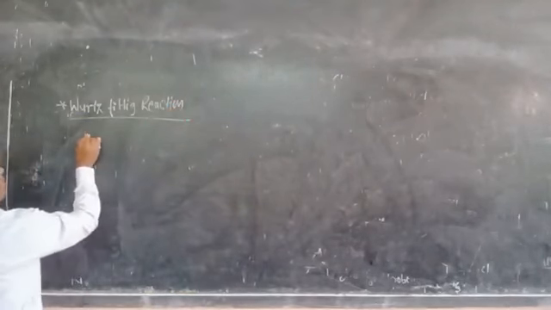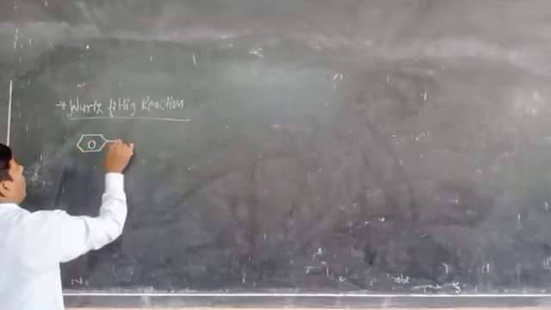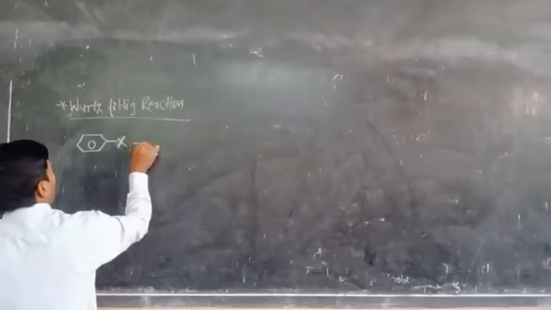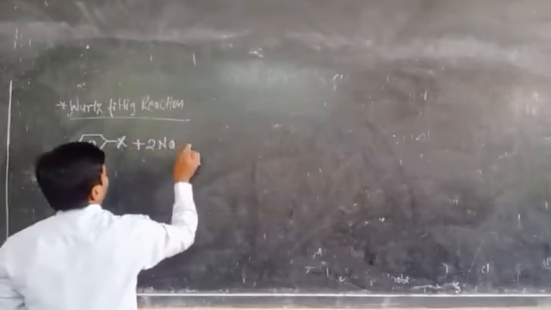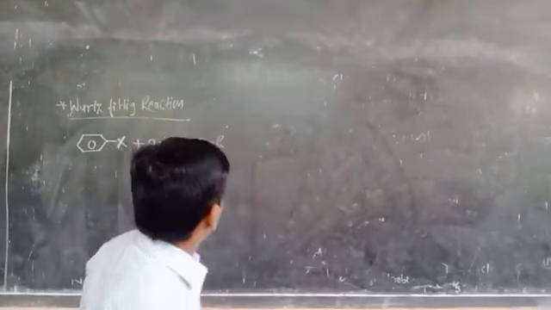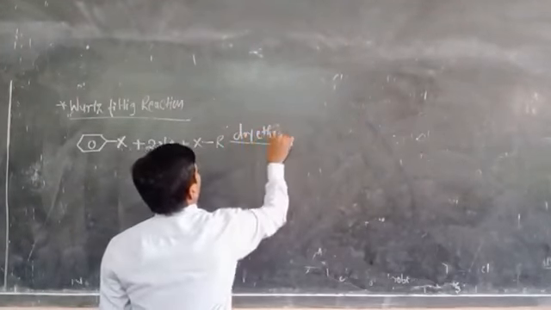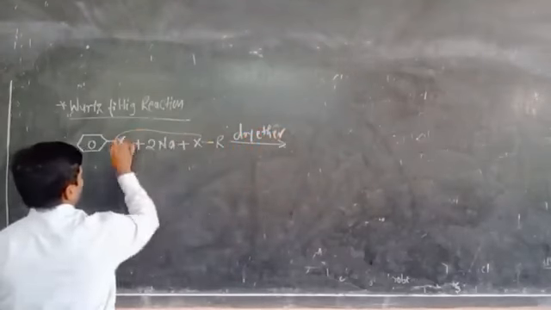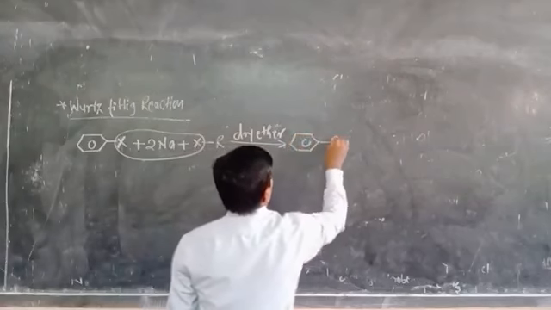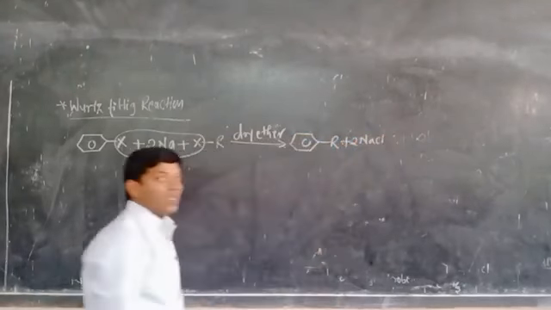So here I will write, in the Wolff-Fittig reaction, the given molecules, that is aryl halide, and I write the sodium metal, and I will write the alkyl halide, in the presence of dry ether, undergoes elimination of NaCl, so it gives alkyl substituted benzene as a product, plus it gives 2NaCl. This is called Wolff-Fittig reaction.